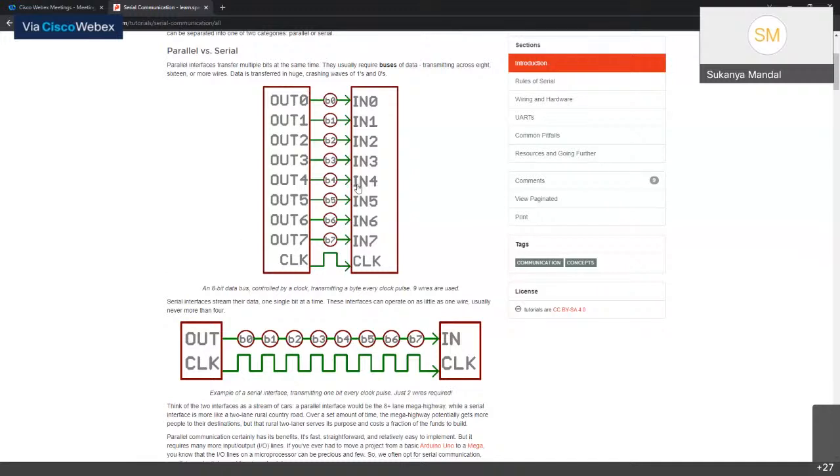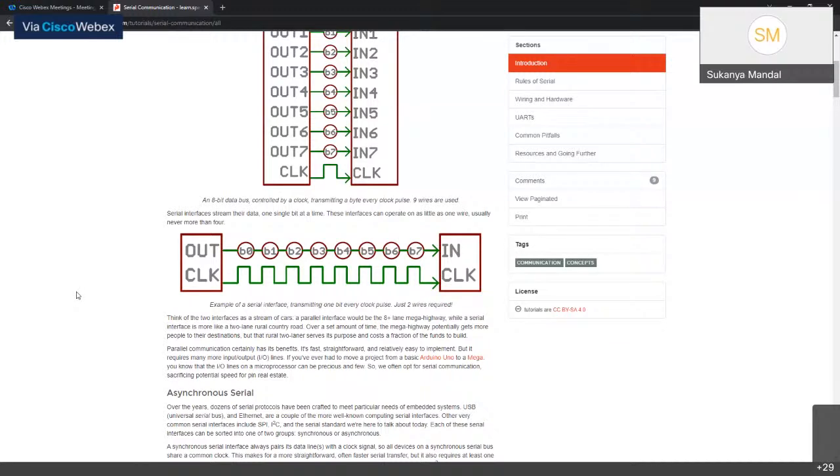Here is a simple example of an 8-bit bus controlled by a clock, transmitting a byte for every clock pulse. This is the clock pulse, and these are the bytes.